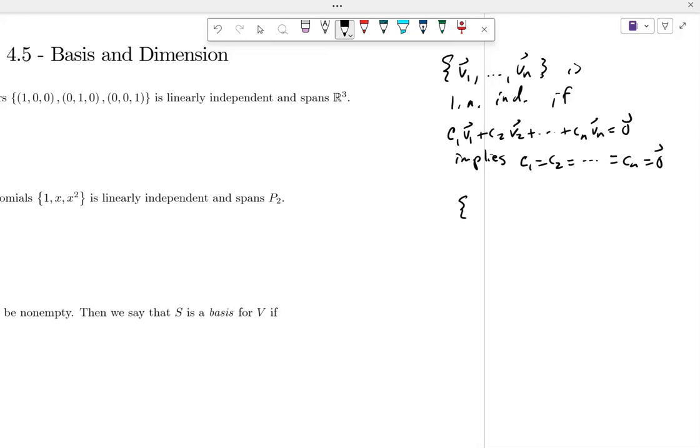What does it mean for a set to span a vector space? It has to do with linear combinations. What does it mean for a set to span a vector space? So if I know that none of these are linear combinations of the others, that's another way to say linear independent. Okay, but span has to do with linear combinations as well.